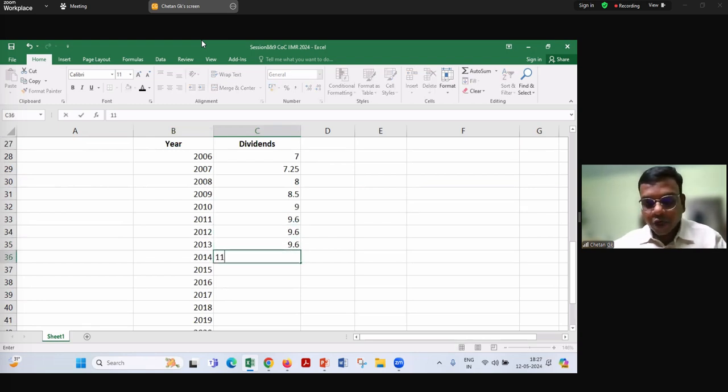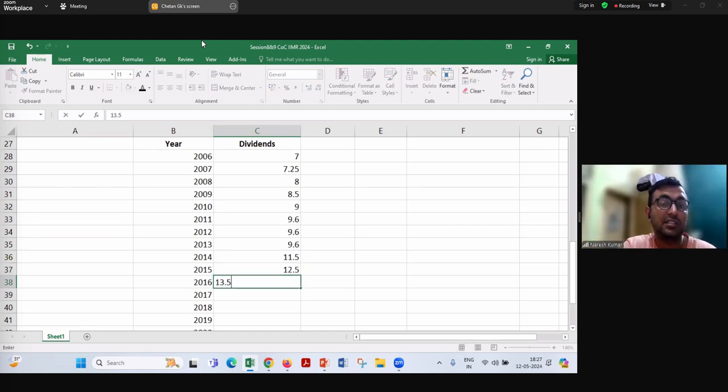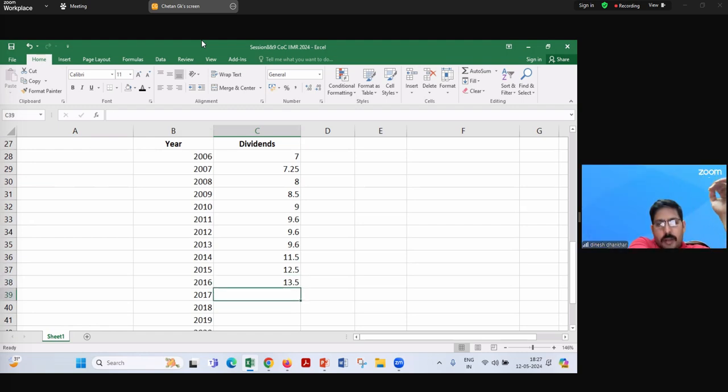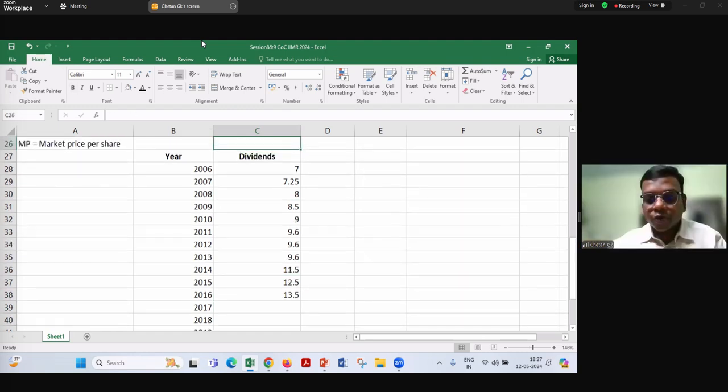It is quite possible, right? This is the absolute dividend in rupee terms, not dividend percentage. These are the dividends in rupees per share. Dividend per share, DPS.